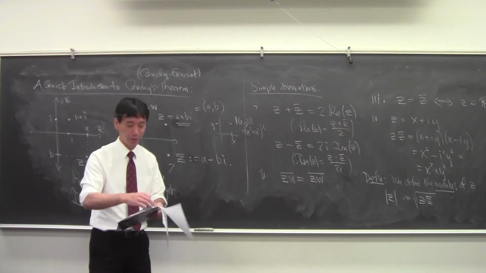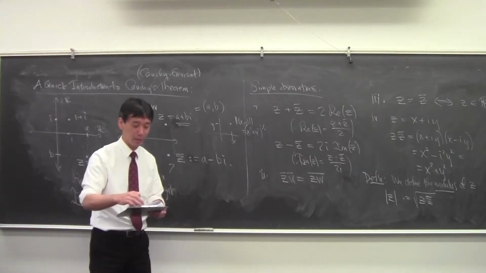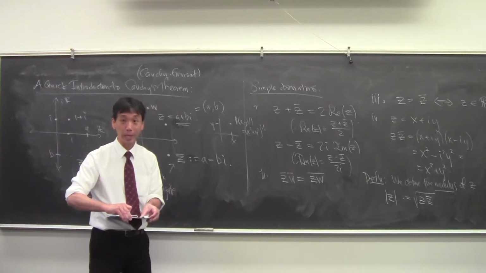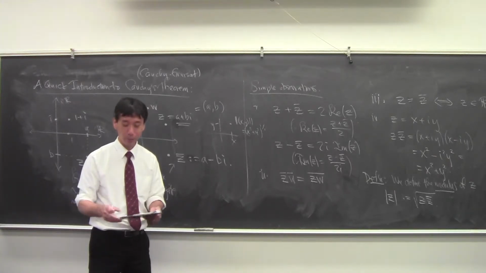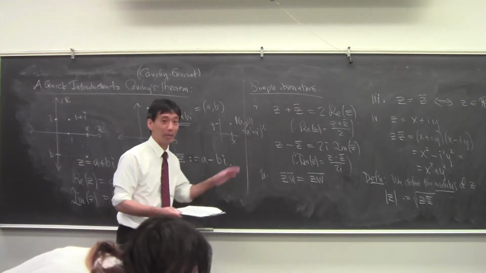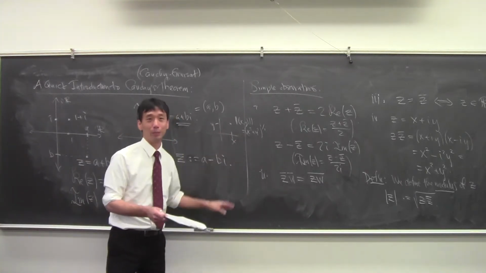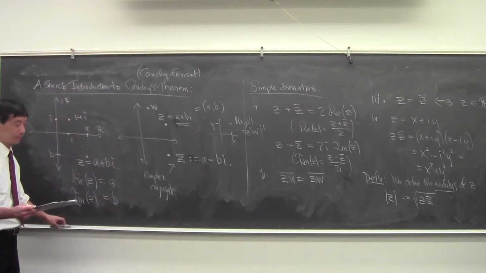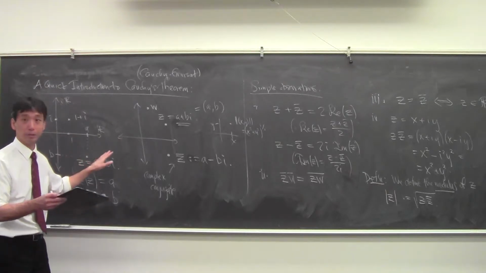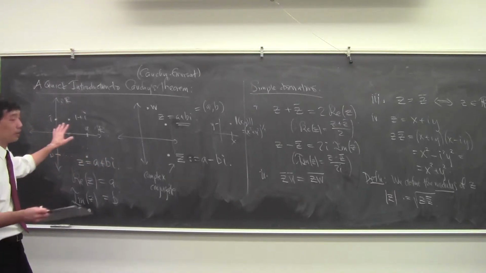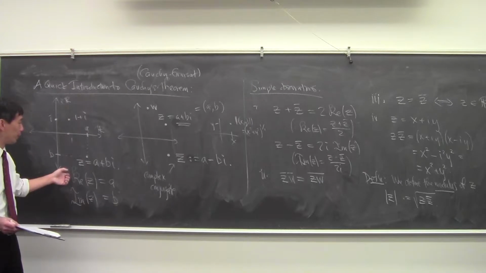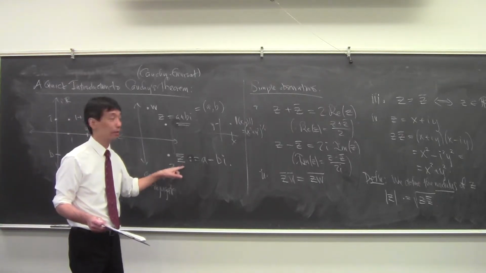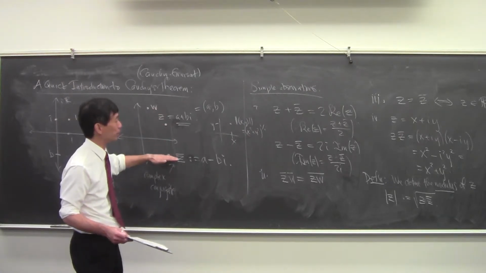Okay. So normally when I do this, I sort of start from nowhere, and then we create the complex numbers for fun. But right now I'm just going to assume that people know what complex numbers are, and we'll go from there. So everybody all right? Complex numbers, real part of the complex number, imaginary part of the complex number, the complex conjugate, when you reflect the guy across the real axis.